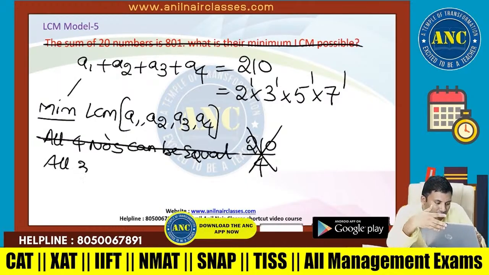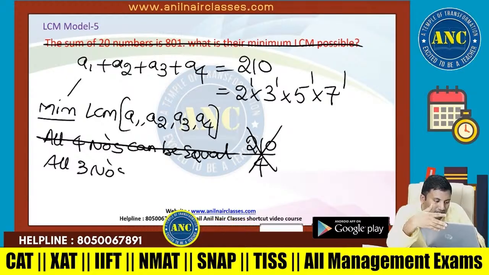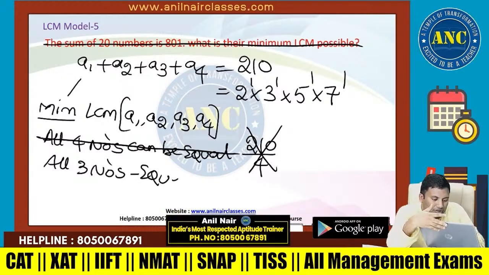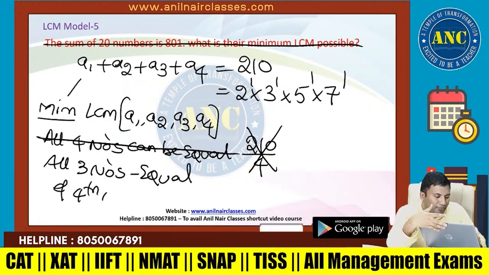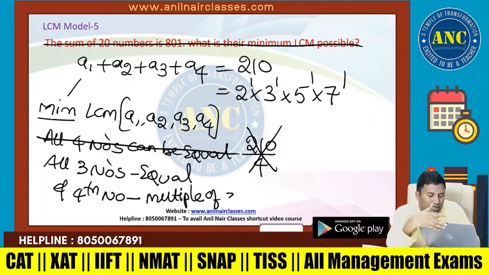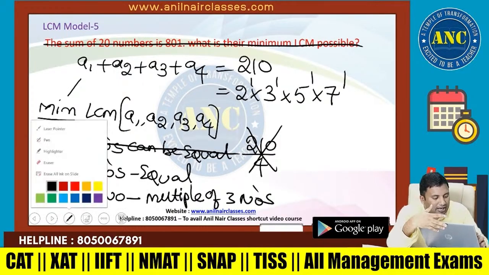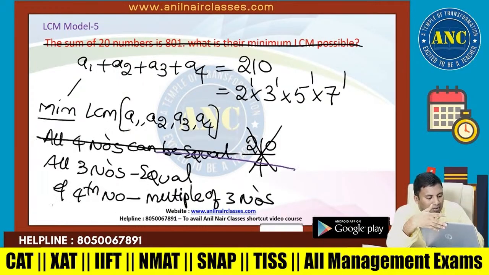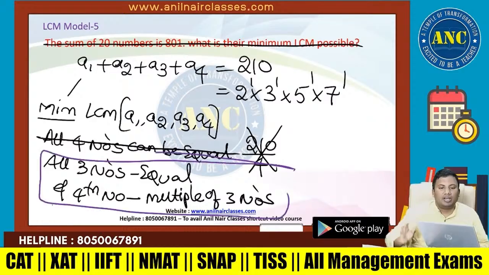Second case, three numbers are equal, and the fourth number should be a multiple of the other numbers. This is the logic. To get the minimum LCM, first thing is all four numbers should be equal.